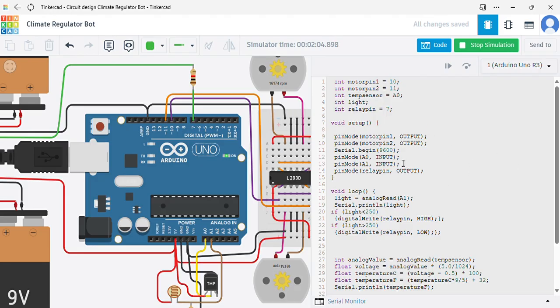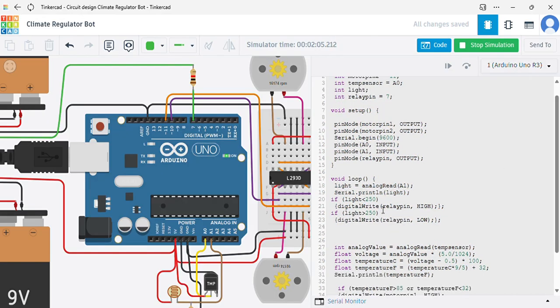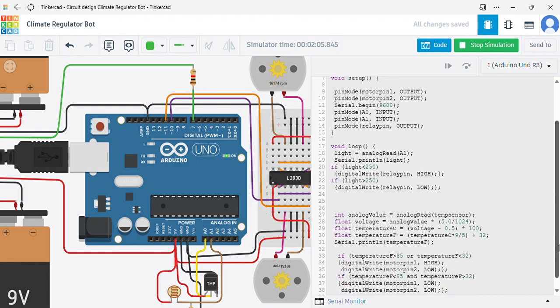The analog signals are inputs, the relay pin output, motor pin 1 and 2 output. Void loop: if light is below 250, it turns on the relay pin high. If light is above 250, digital relay pin low, that turns the relay off, which turns the lights off.